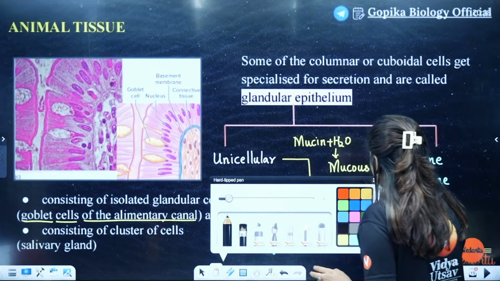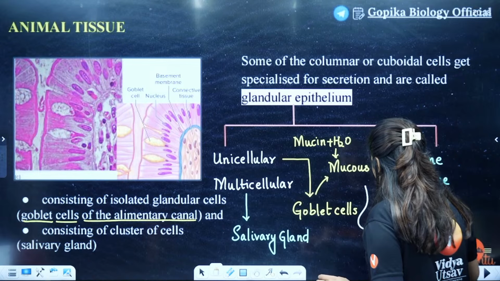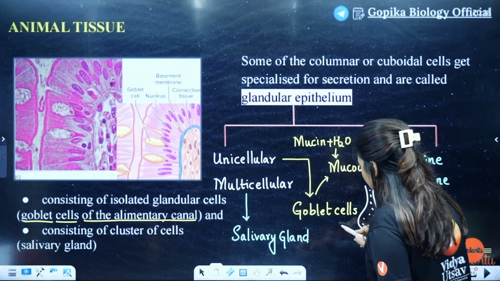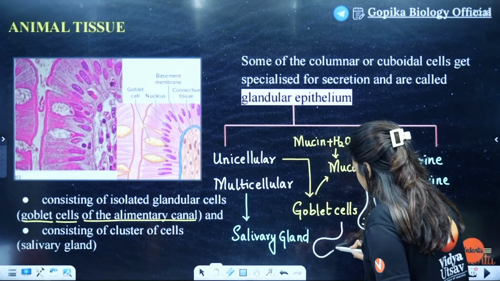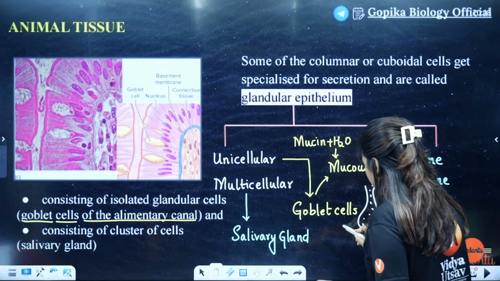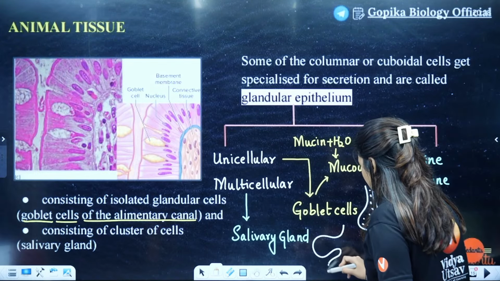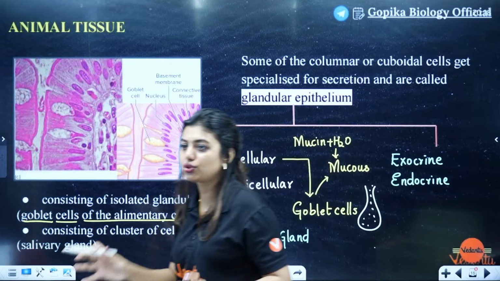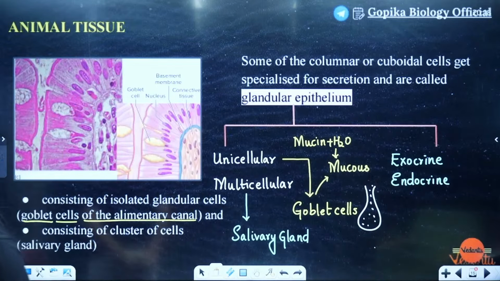Goblet cells, right? Inside this your mucin will be there. Whatever secretions will come out, here your salivary glands will be there. I'm just drawing to show that. Clear? Done.